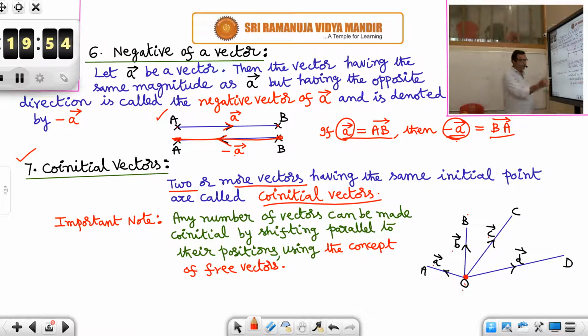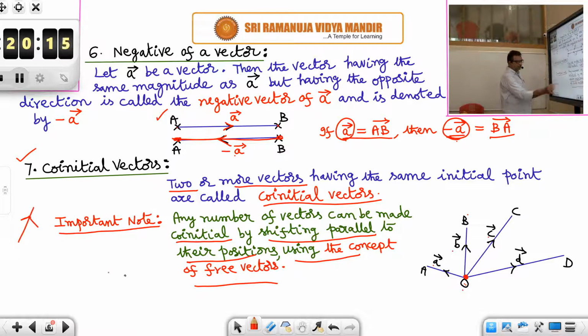And a very important note here is, any number of vectors in space can be made co-initial by shifting parallel to their positions using the concept of free vectors. Suppose one vector is here, another vector is here, another vector is somewhere here.